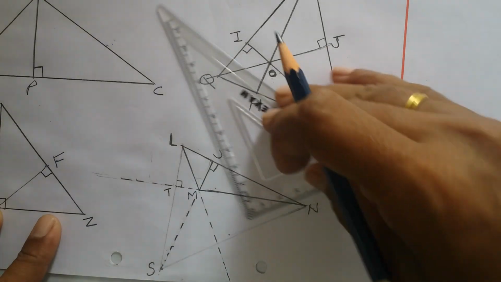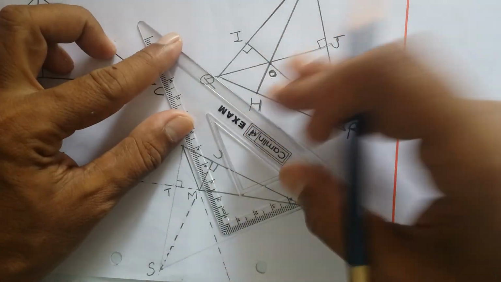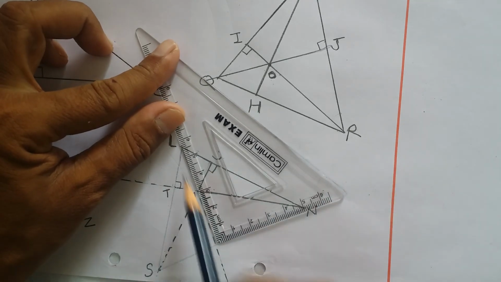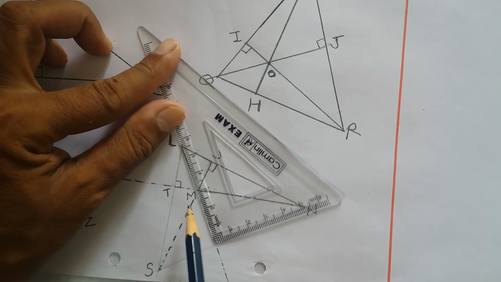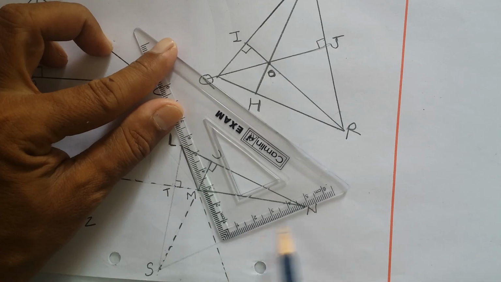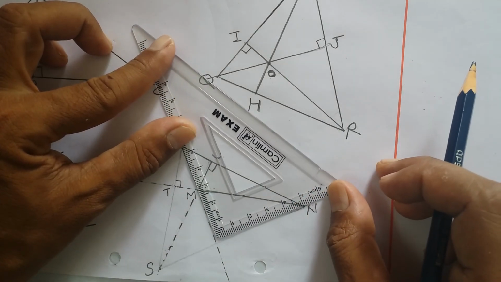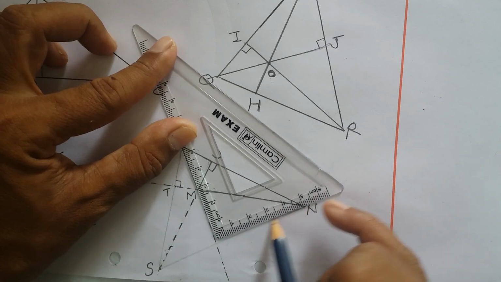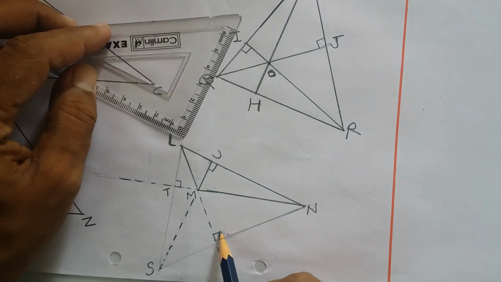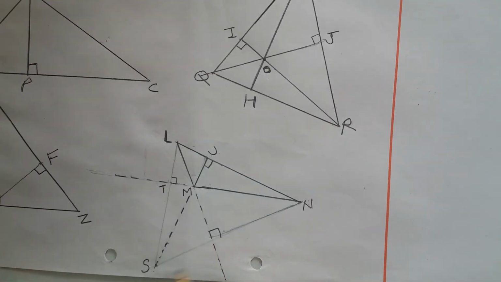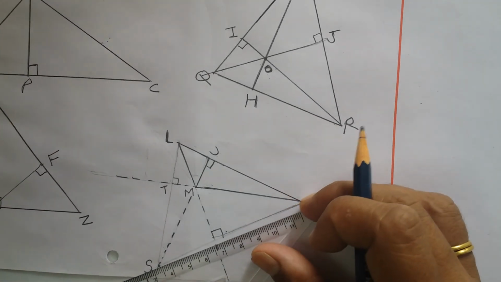With the help of a set square we have drawn this altitude. This side of the set square matches with LM, and this angle is 90 degrees.